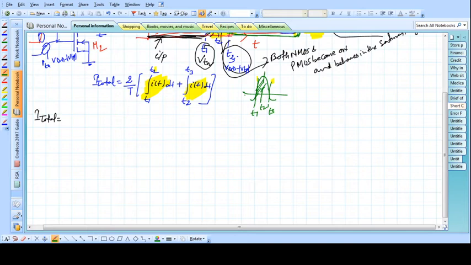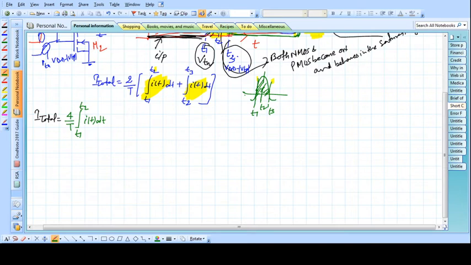So this area is also the same as this one, so we can write 4 by T, and then we only integrate from T1 to T2 I(t) dt.